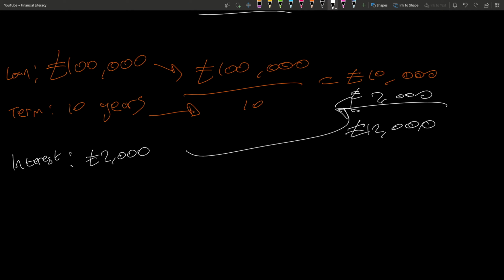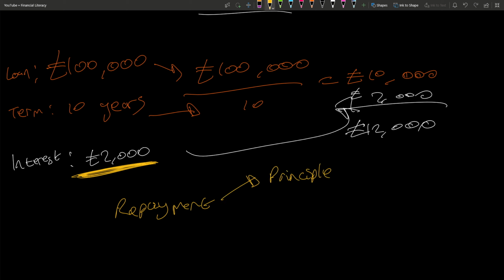So interest only versus repayment, pretty simple. Interest only, you would only pay the actual interest itself. You're not paying down the mortgage. With a repayment mortgage, you are paying down the principal.